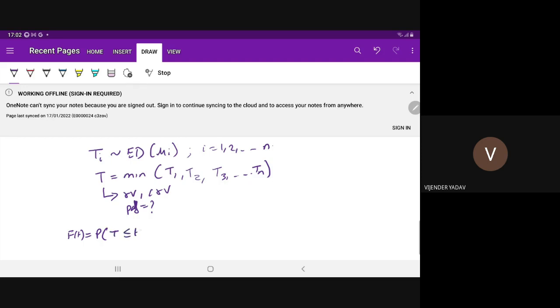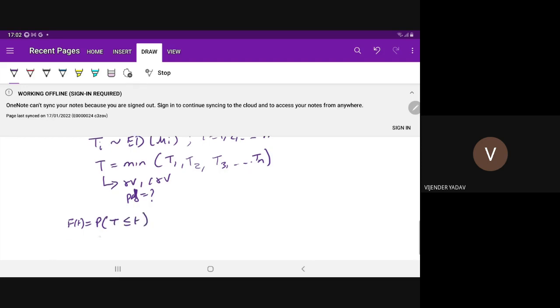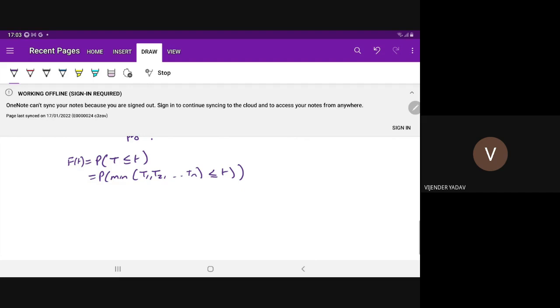Capital T is the minimum of T1, T2, ..., Tn, less than or equal to t. This is equal to 1 minus the probability that the minimum of T1, T2, ..., Tn is greater than or equal to t.